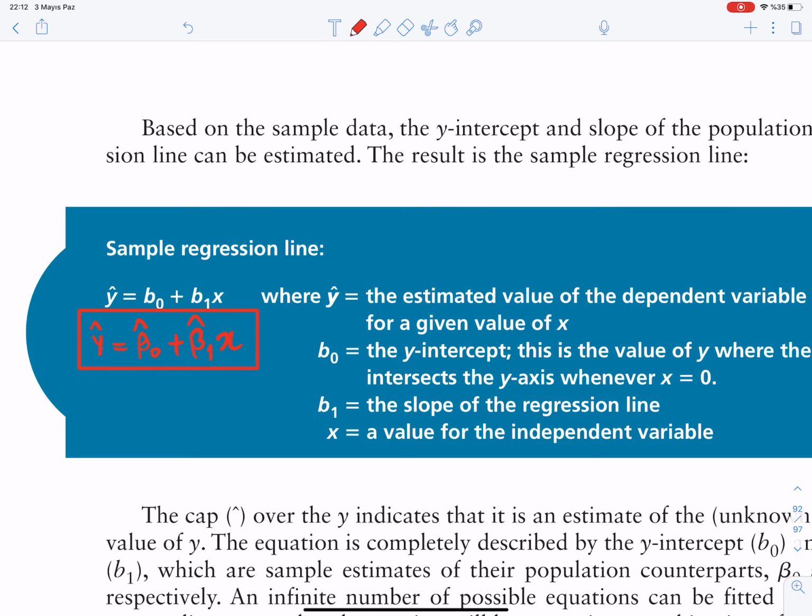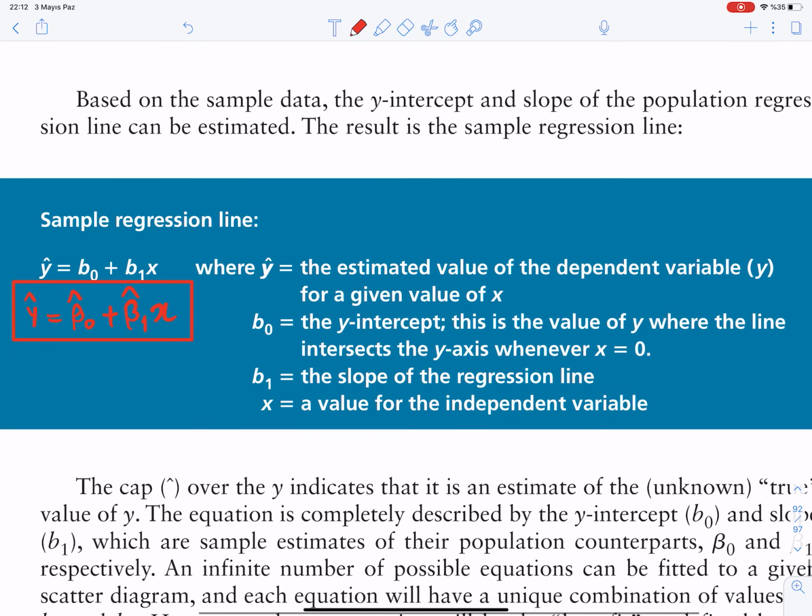So this is another representation. Y hat is the estimated value of the dependent variable. In many books on econometrics analysis, we call it the predicted values.